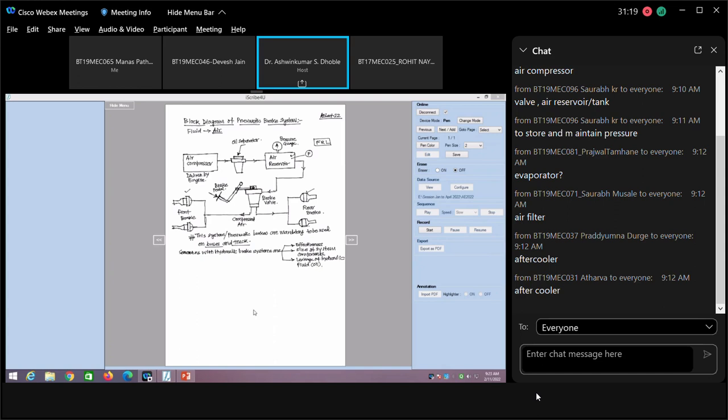So because of this, the government has made it compulsory to use the pneumatic brake system in the heavy duty vehicles.